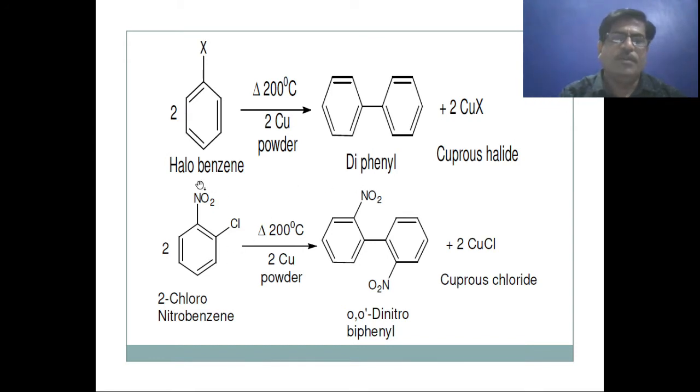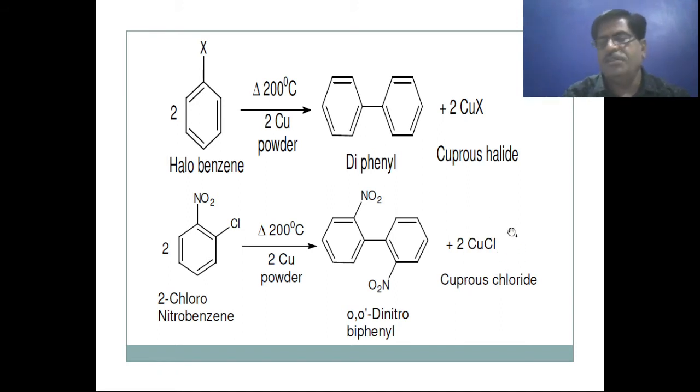Another example is 2-chloronitrobenzene. Two moles of 2-chloronitrobenzene, the same reactant, are heated with copper powder at 200 degrees Celsius. Diphenyl, or biphenyl, derivatives are formed. Here the 1,1' position, an ortho dinitro biphenyl derivative, is generated, and cuprous chloride is also generated as a byproduct.